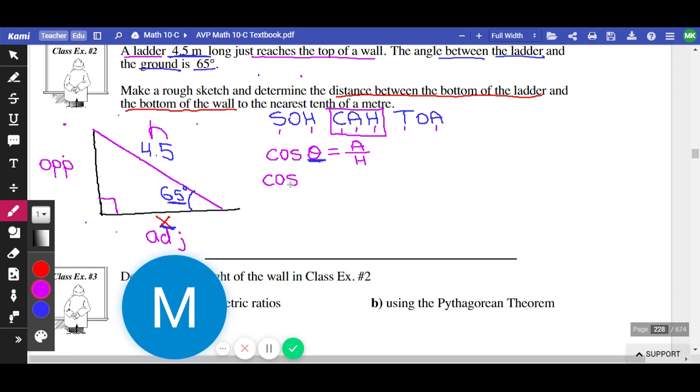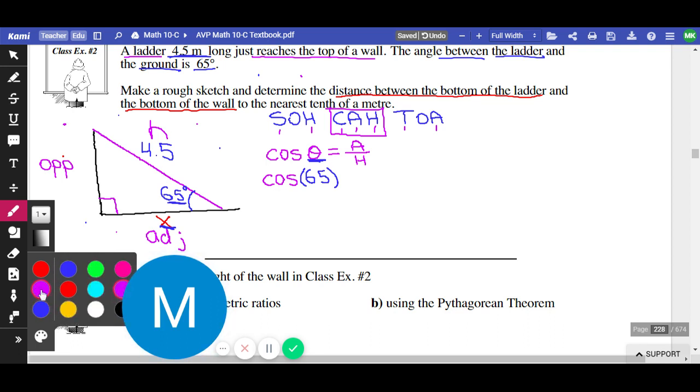The angle is 65 degrees. It comes from my triangle. For the record, you can't use the 90 degree. Every once in a while, somebody tries to put the 90 degree in there, and that won't work. You have to use one of the other corners. Equals the adjacent side, x, divided by the hypotenuse side, which is 4.5.